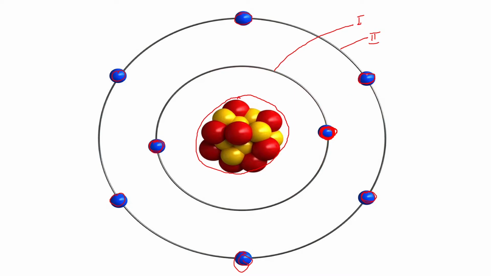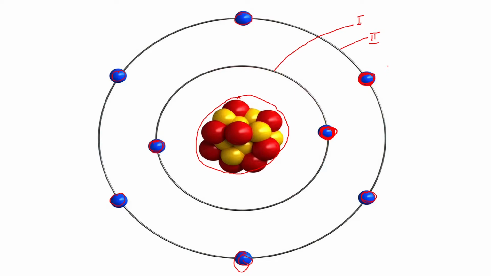That means the second orbit electrons will have more energy than the first, and third orbit electrons will have more energy than the second. That way, as you go outward with the orbits, the energy associated with the electrons goes on increasing.